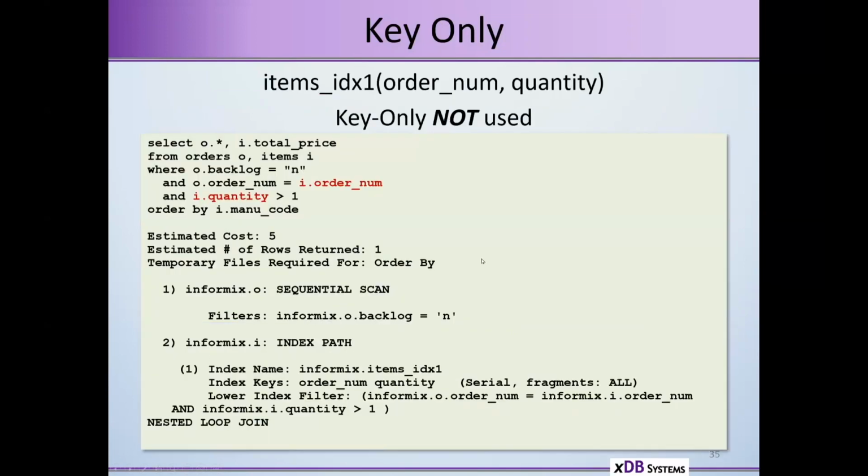Now to use a real example here, this is a case where we're looking at the query and maybe it's taken a long time and we're like, okay, we're using an index. That's good. We've got our index on quantity and order num. So our two values in our index, but we're not getting a key only scan, right? Why is that? That's because we need to add some additional columns.